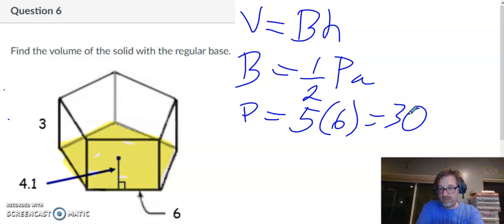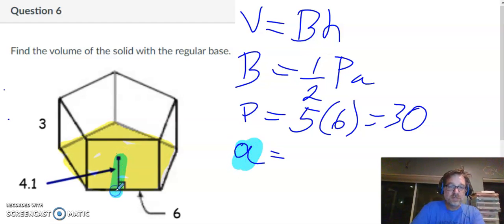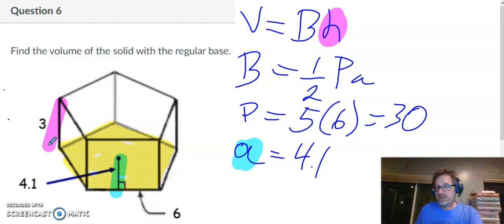So the perimeter of that pentagon is 30. The apothem is the distance from the center to the side. So in this case, my apothem is 4.1. And then the height of the prism, this little h right here, is 3 right there.